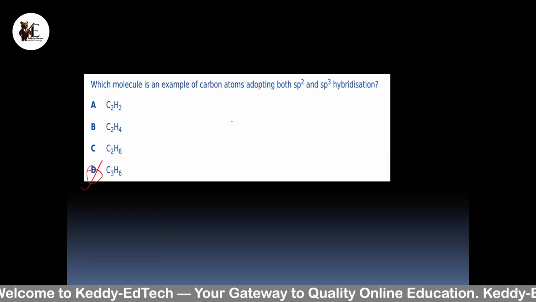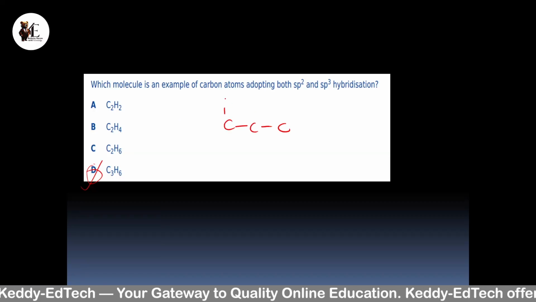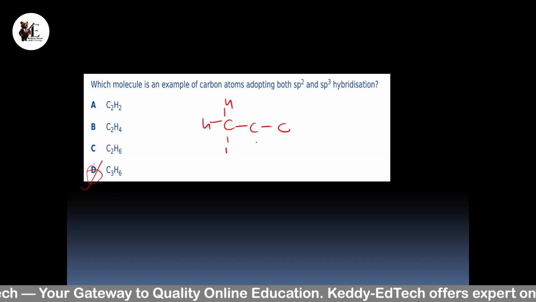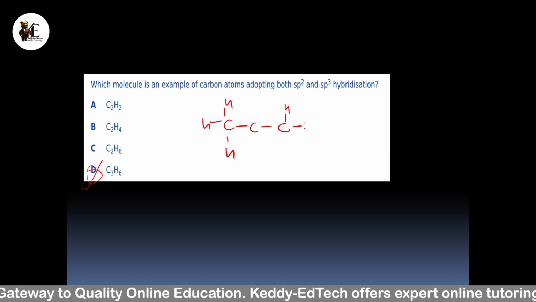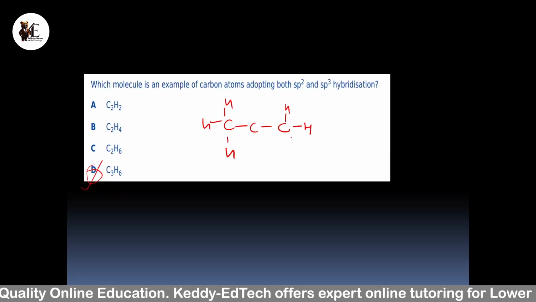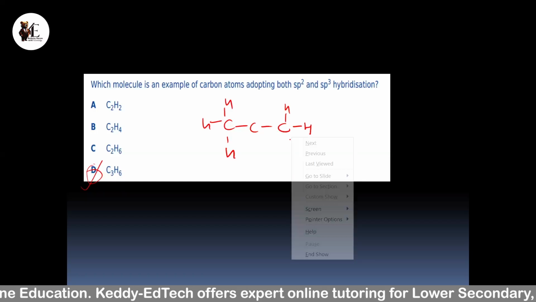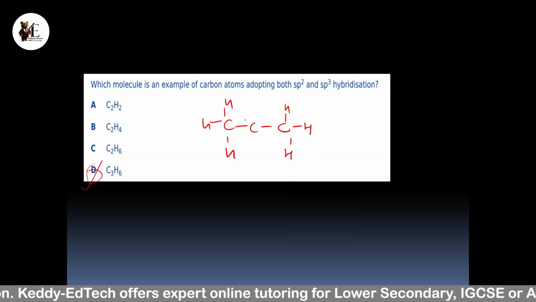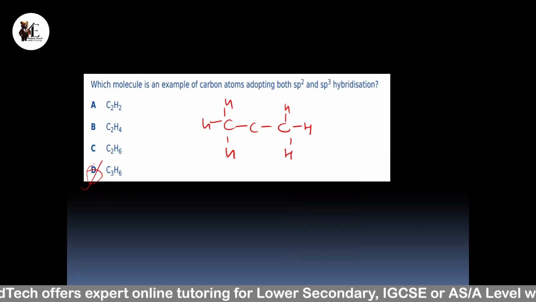C3H6, C3, and H6. 1, 2, 3, 4, 5, 6. Sorry, it is double bond.